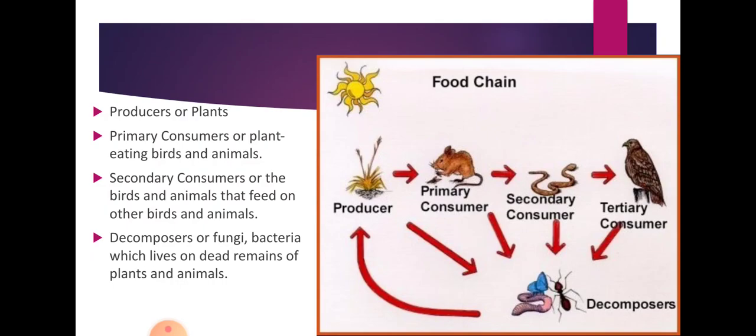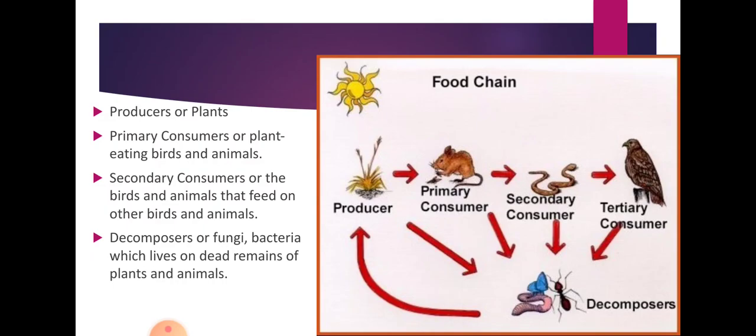Now, one more thing you have to understand about the food chain is herbivorous, carnivorous and omnivorous. This is a very easy topic that you have already studied in your previous classes. What is herbivorous? The animals which eat grasses are herbivorous.